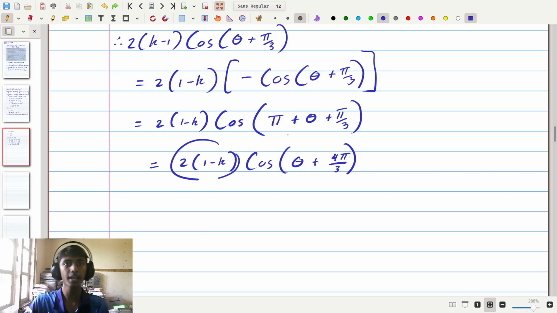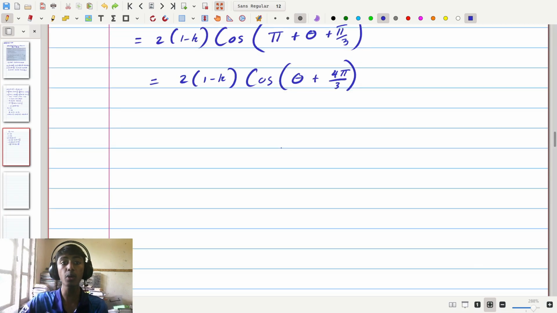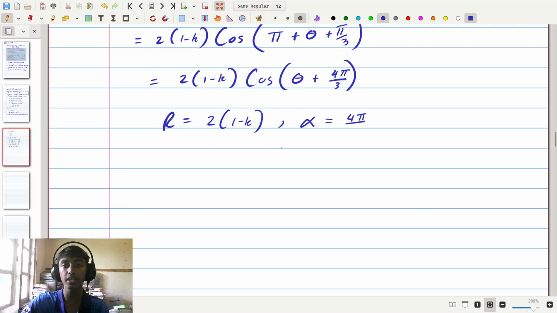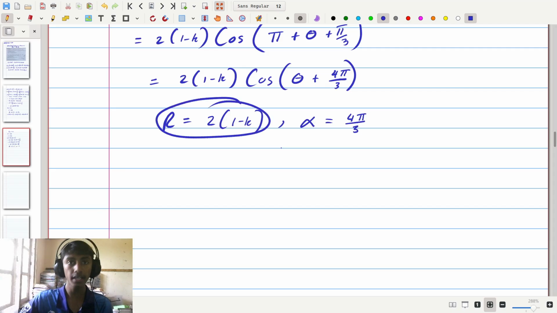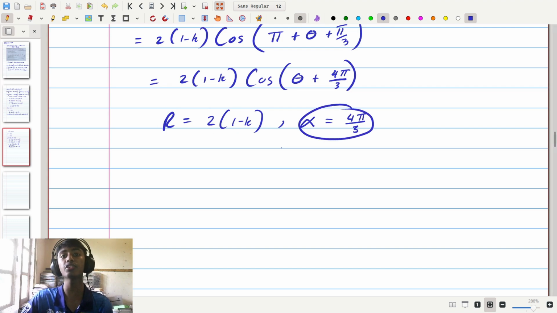So therefore, now that we have this form, we could say r equals 2 times 1 minus k and alpha equals 4 pi by 3, and we have the conditions that they gave us above, where r is a positive number and alpha is some angle in between 0 and 2 pi radians.